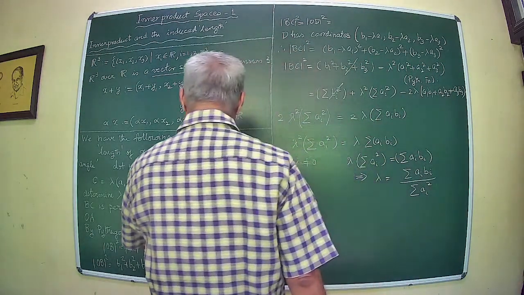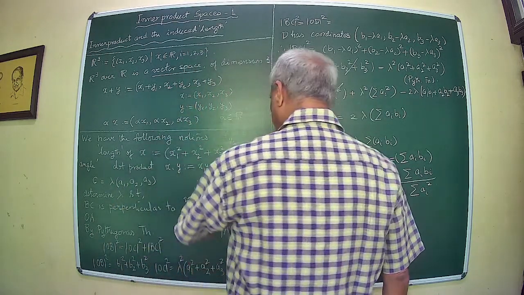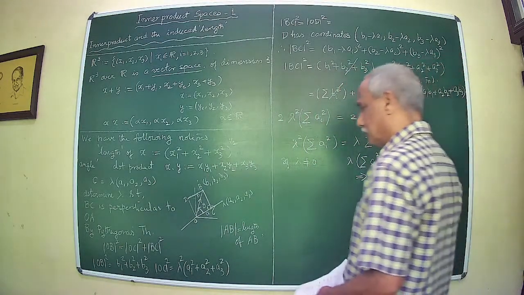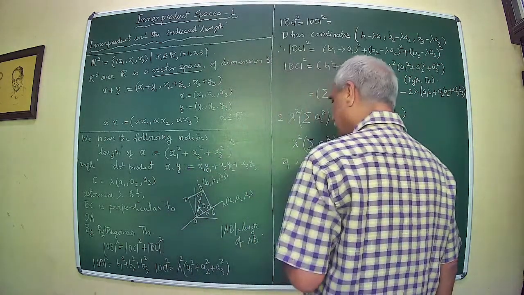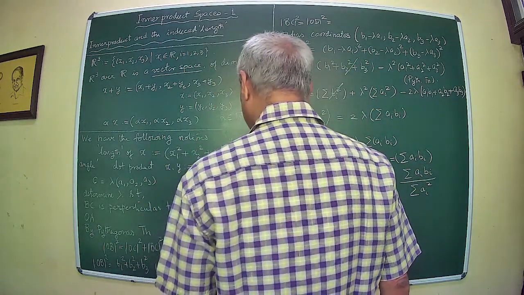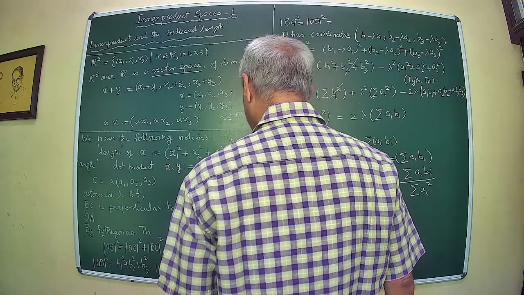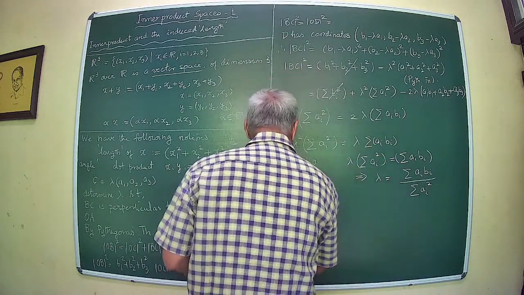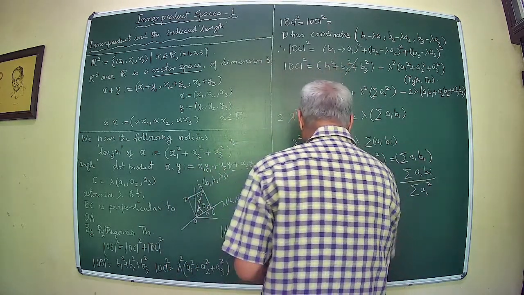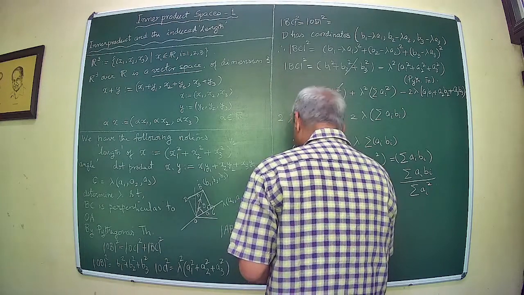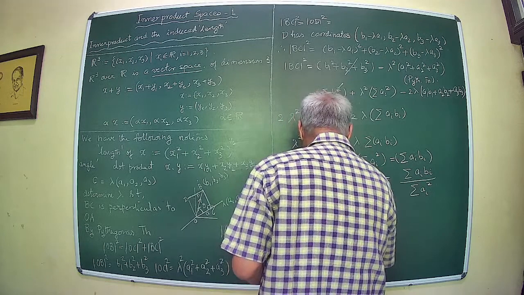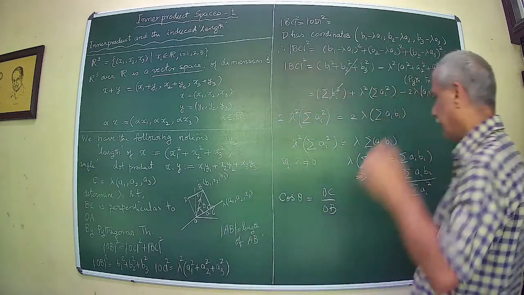Therefore, now we can compute this angle. In fact, the cosine of this angle we can compute. So cosine of this angle is OC divided by OB.